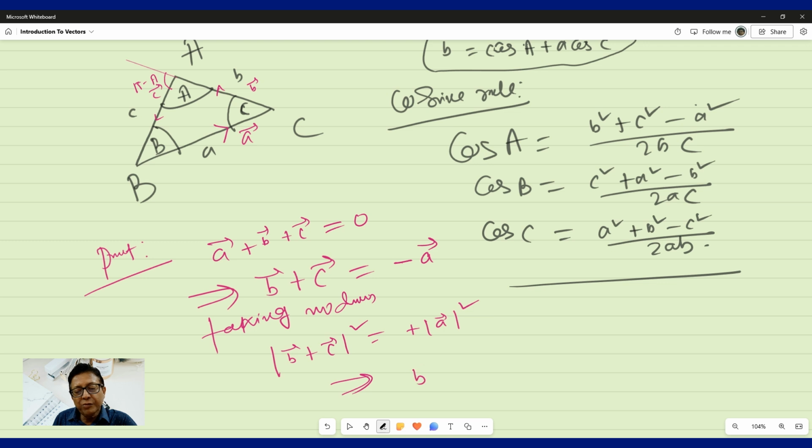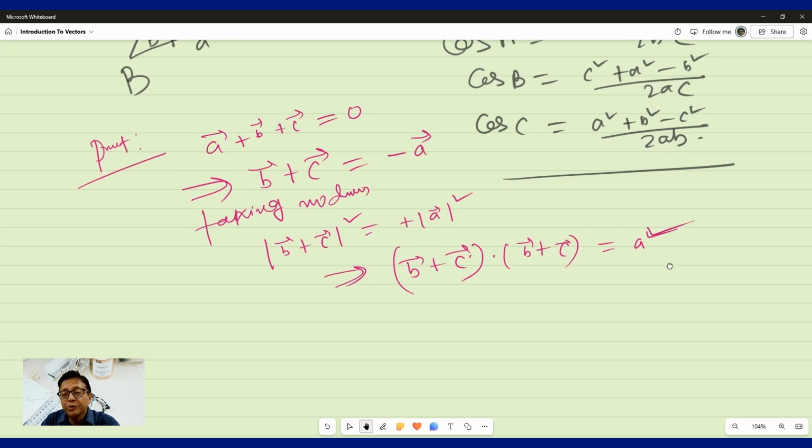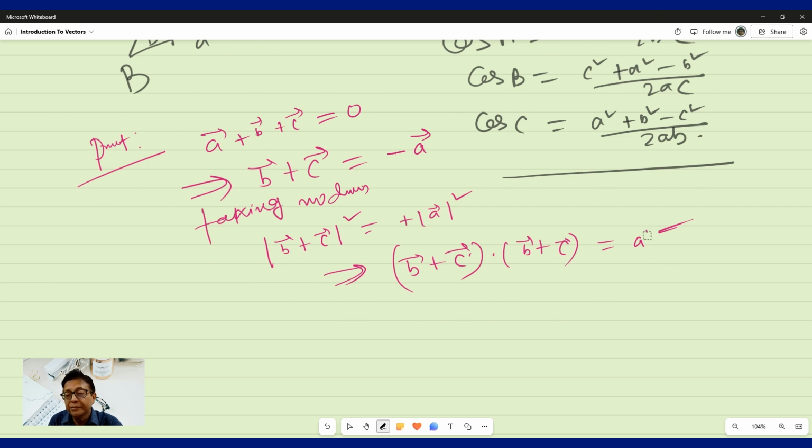Mod B plus C whole square is what? B plus C dot B plus C. And this is simply A square, because a vector without an arrow represents the magnitude of the vector. Am I correct? So this will be simply A square.